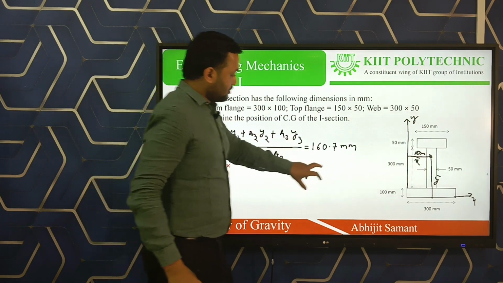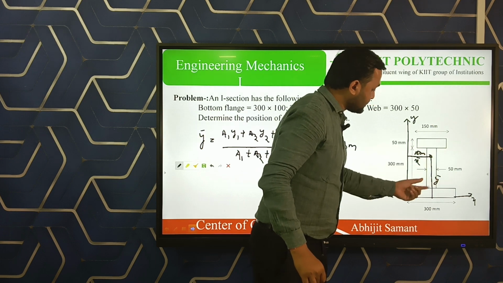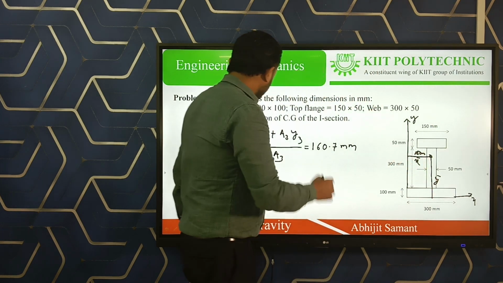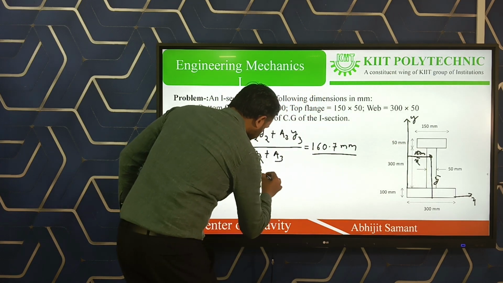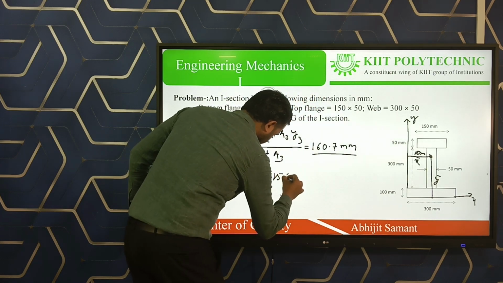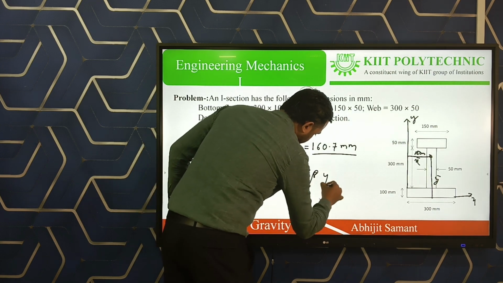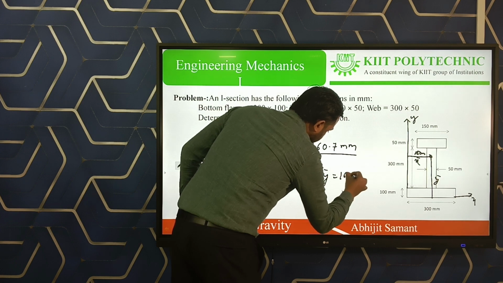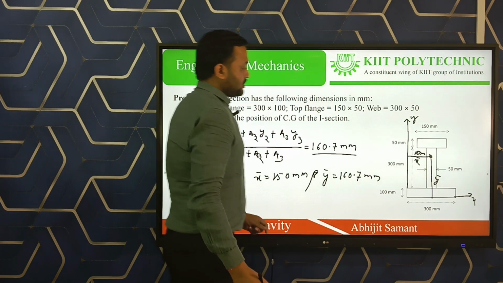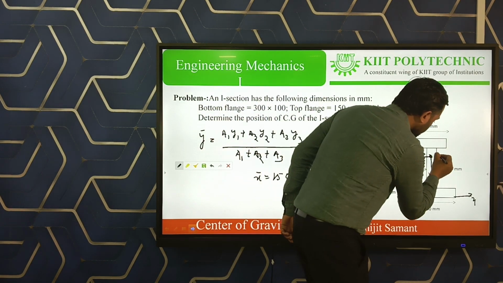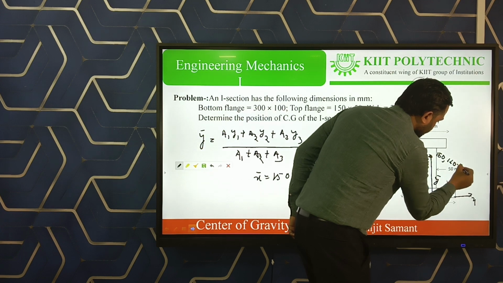This is the distance of the centroidal point of the total I section from the x axis. So x bar is 150 mm and y bar is 160.7 mm.